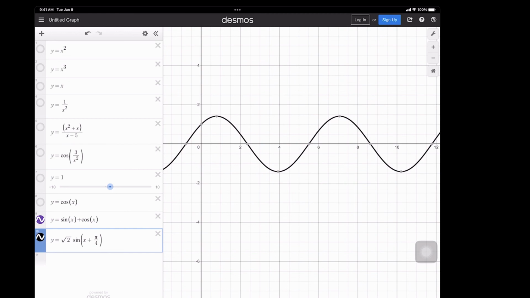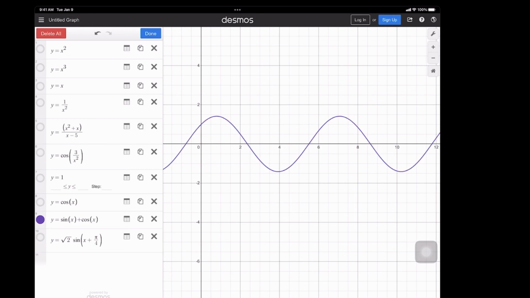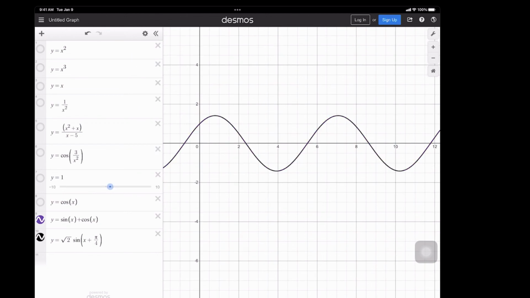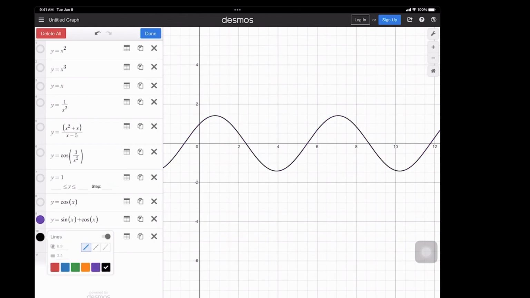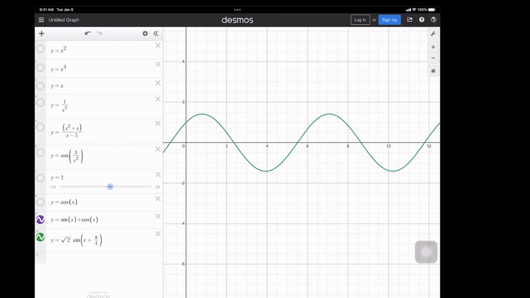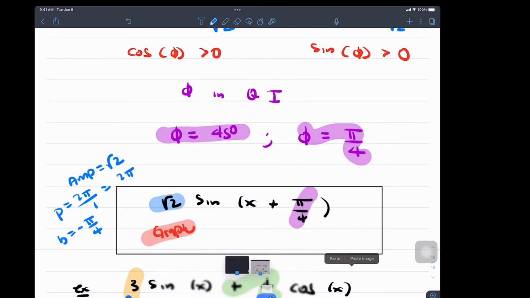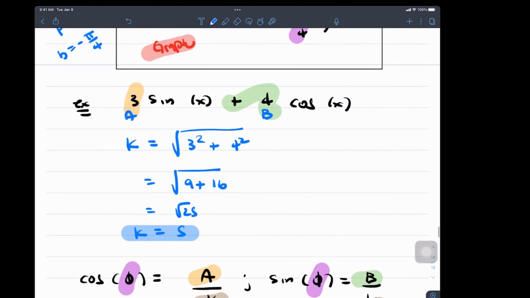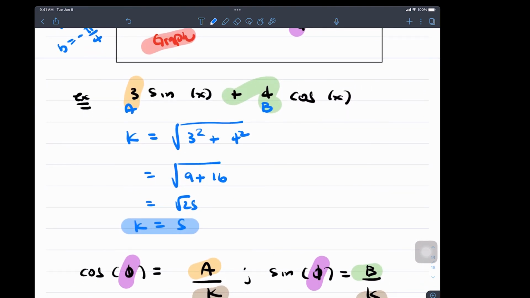Let me change the color. Maybe green. Are they on top of each other? What does that mean? They're the same, aren't they? Anyway, if they ask you to graph, you say, oh, okay, I know how to graph.